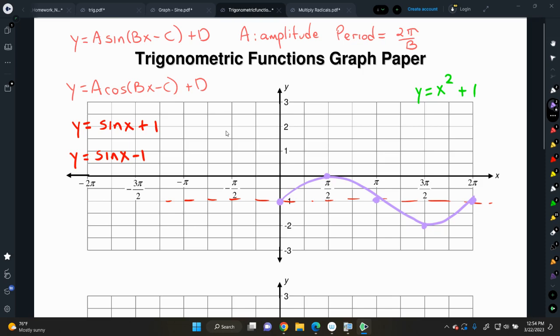Okay, so I'd like you to sketch y equals 1/2 sine x plus 2.